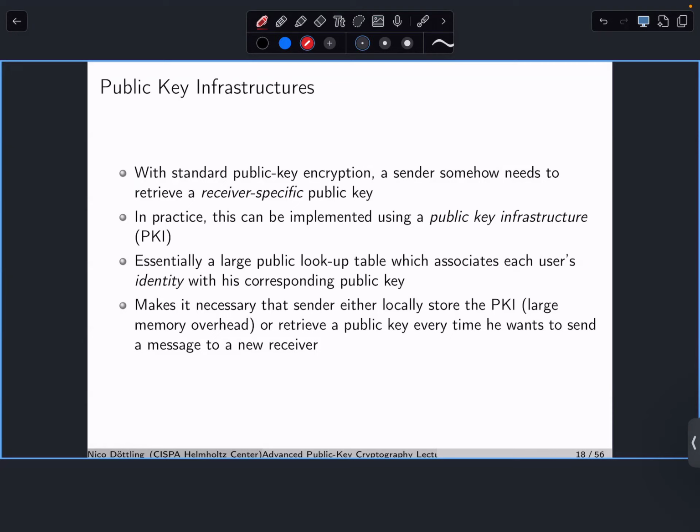The totality of this we typically call a public key infrastructure. As theorists, we always make things easier than they are in practice, so that we can think about them in a simple way.